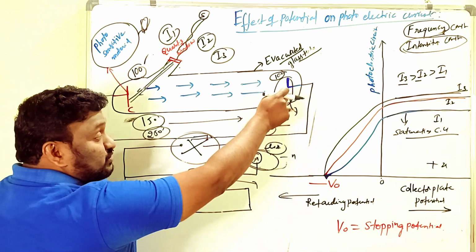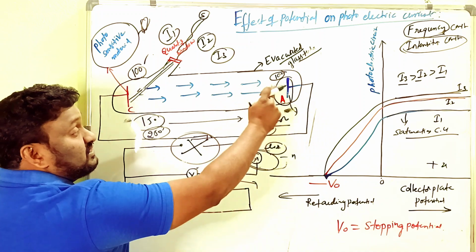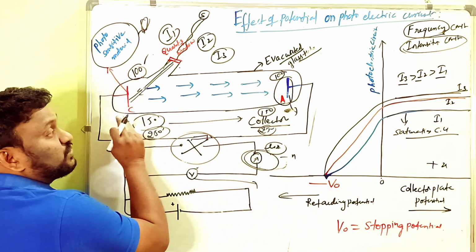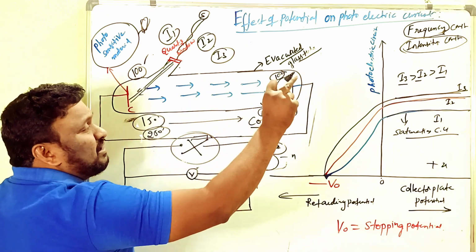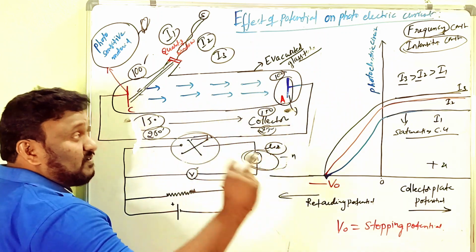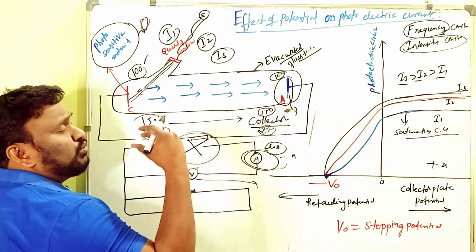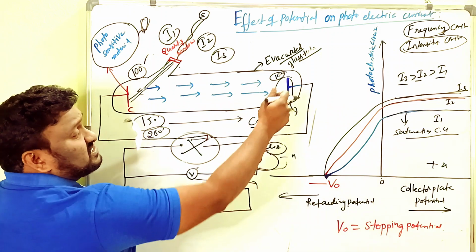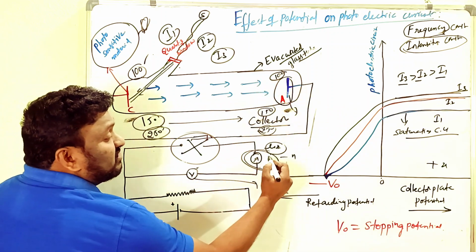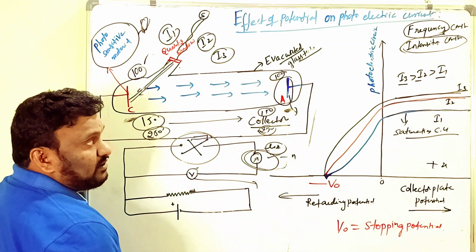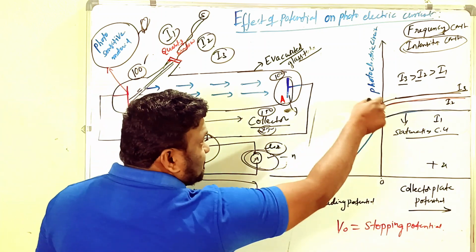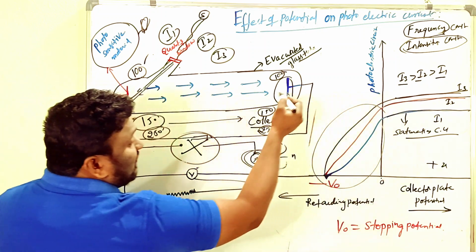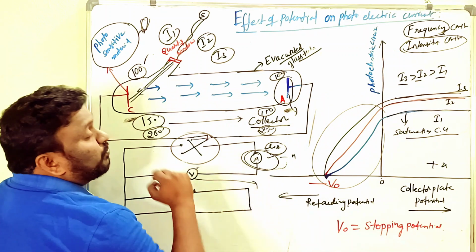When A is negative, the electrons coming from the cathode are strongly repelled by the collector. Even though repulsion is there, some stronger electrons reach the collector, and it shows some reading. Clear? So for this second part, for A we give negative potential.